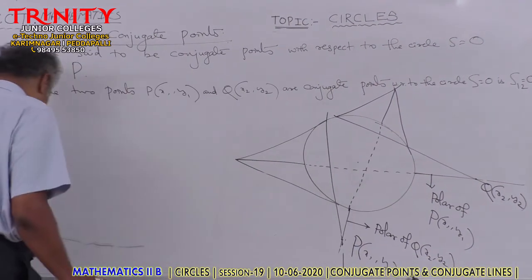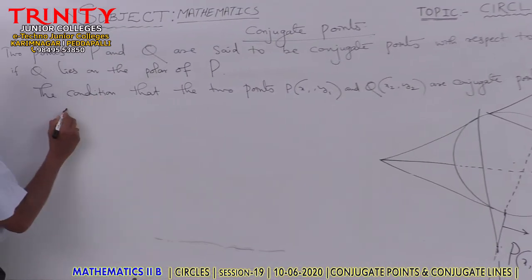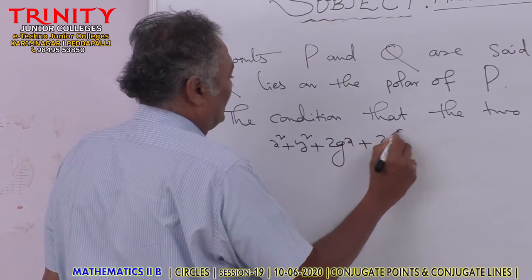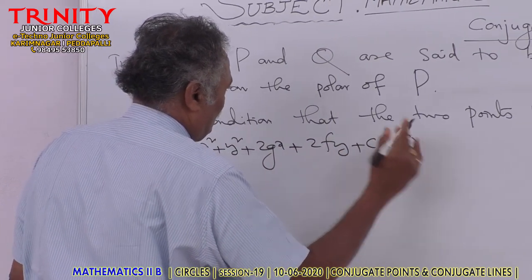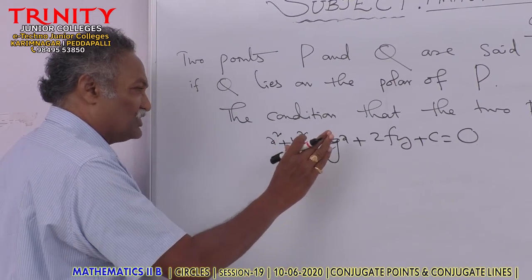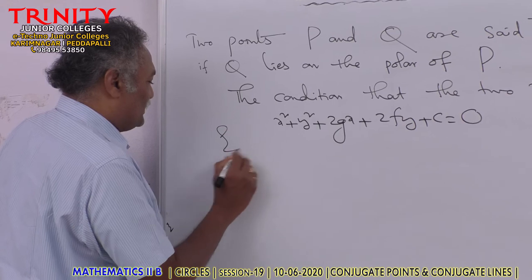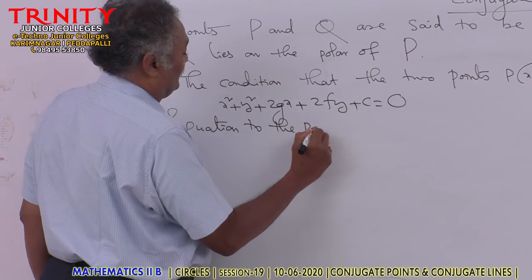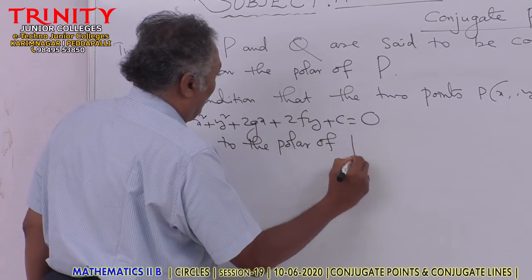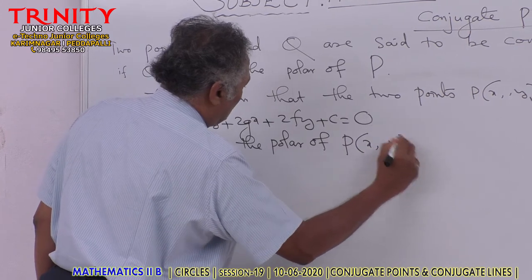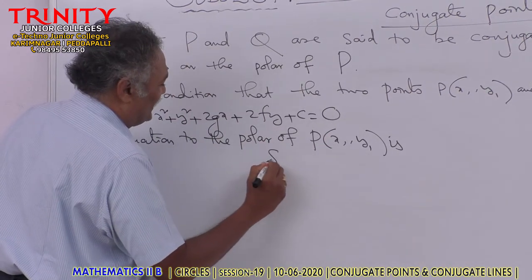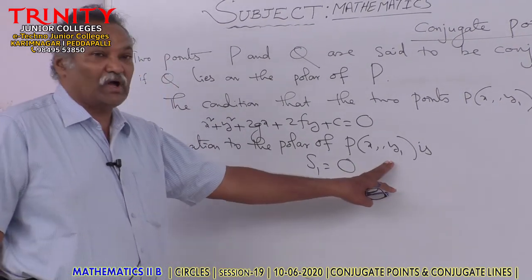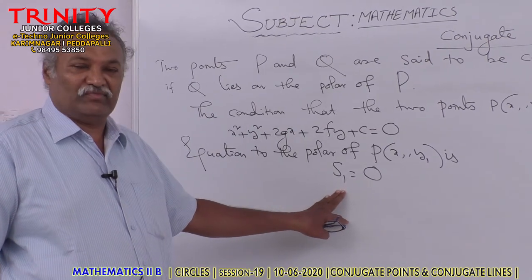How? See here, equation of the circle is x square plus y square plus 2gx plus 2fy plus c equal to 0. It is the equation of the given circle. Equation to the polar of P of x1 comma y1 is S1 equal to 0.